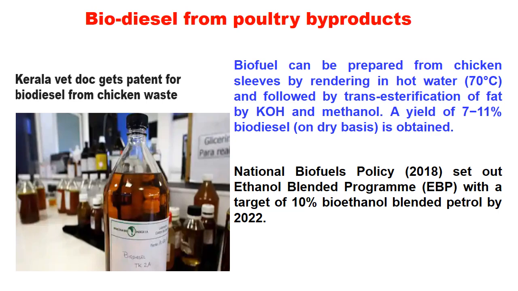So finally we can get biodiesel, with a yield of about 7 to 11% biodiesel on dry weight basis, and this is a good opportunity for utilization of poultry byproducts to make biodiesel.